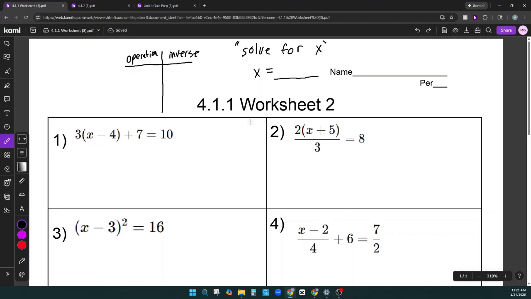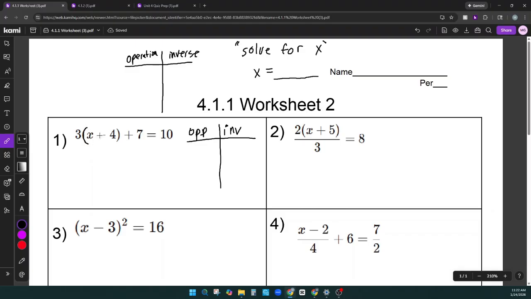And the way that we do that is by first understanding and listing out what happened to x. So looking at number one, I'm going to go ahead and make my operation table and my inverse operation table. And how I'm filling out this table is what happened to x in order. So looking at my equation here, first I identify my x, and now I need to figure out what affected x first.